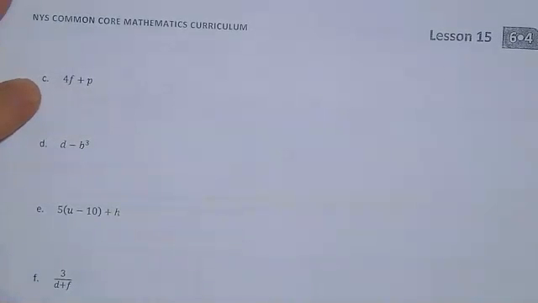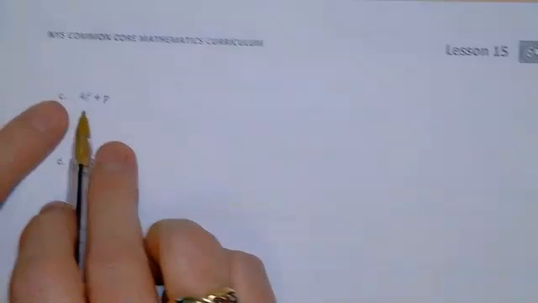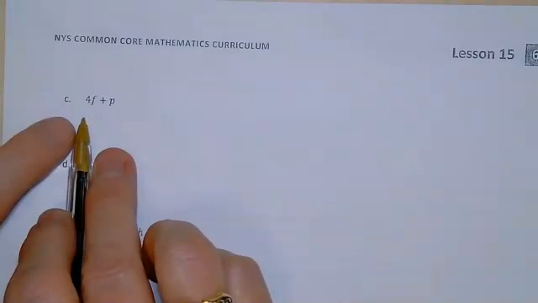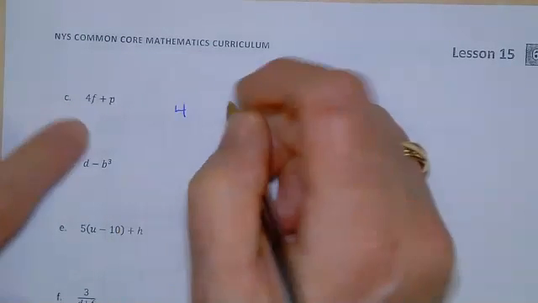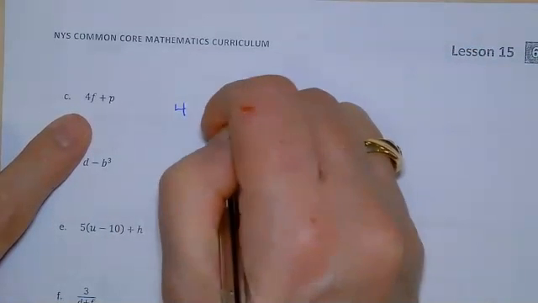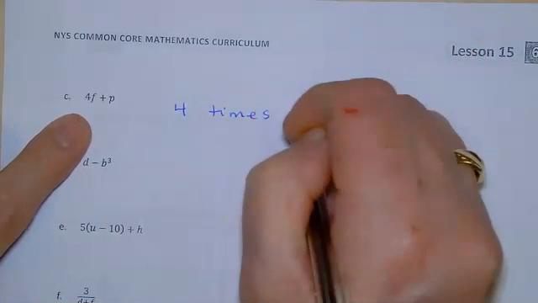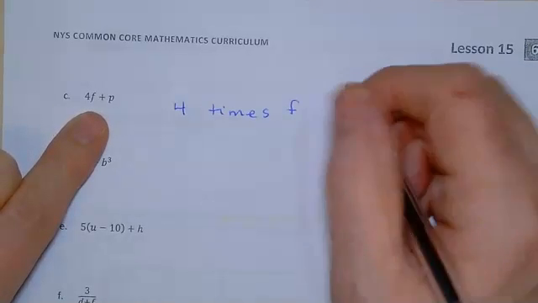Tyler. We're right here at this one. 4 times what? Well, it means 4 times F, right? So let's write 4 times F. And what's the last part? Plus P.